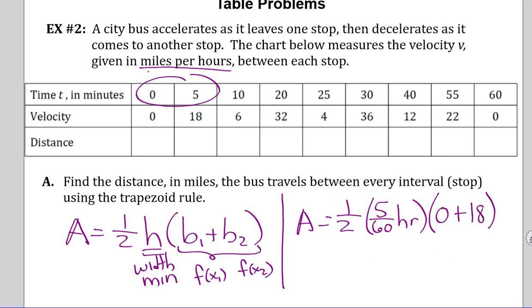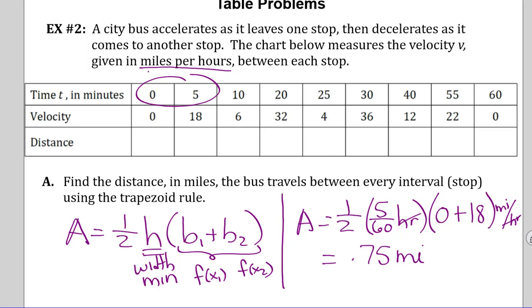The units on this are miles per hour, and so that means the hours are going to cancel out. What we'll be left with is just miles. So when we do all of that together, 18 times 5, and we're going to divide that by 120, and we get 3/4, or 0.75 miles.